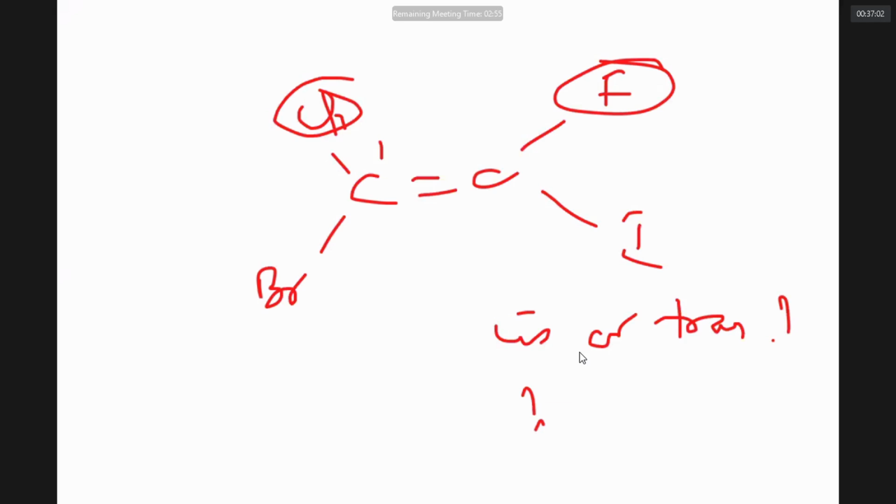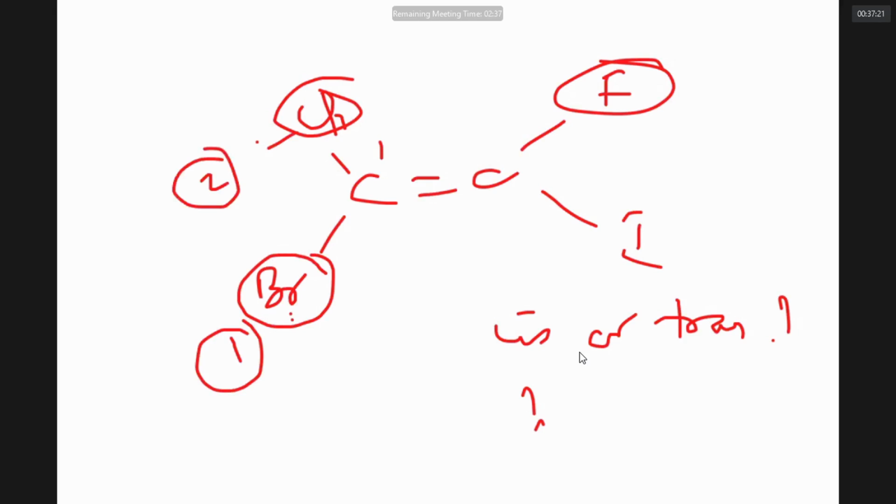Between Cl and Br, the atomic number of Cl is less than that of Br, so I assign more seniority to bromine and less seniority to Cl. Similarly, between F and iodine, iodine has the higher atomic number, therefore iodine gets more seniority than fluorine.